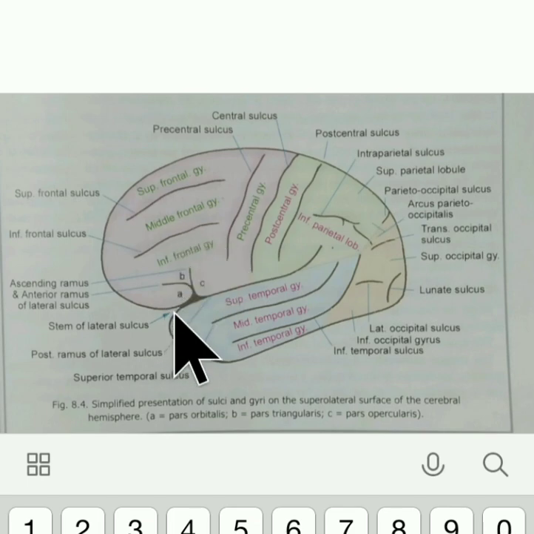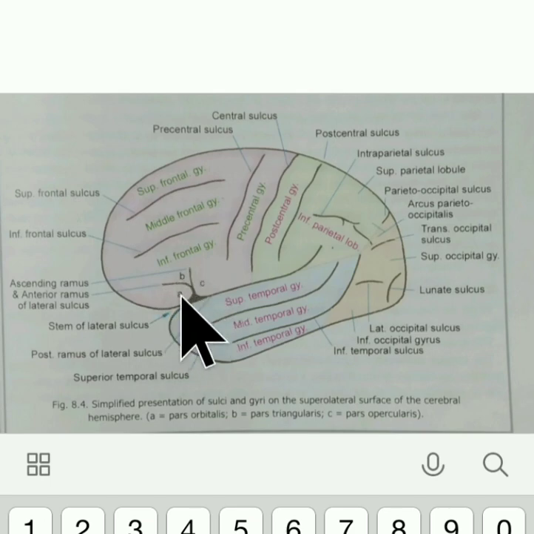We know that this is the lateral sulcus, and here comes the posterior ramus of lateral sulcus, this is the ascending ramus of lateral sulcus, and this one is the anterior ramus, or anterior horizontal ramus, of lateral sulcus. These rami divide the lower part of the inferior frontal gyrus into three parts.